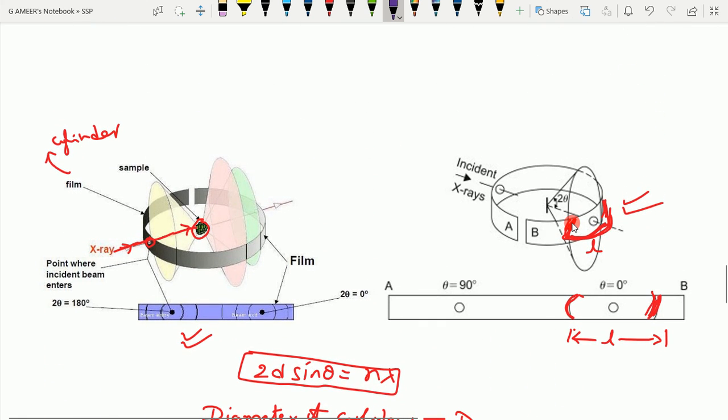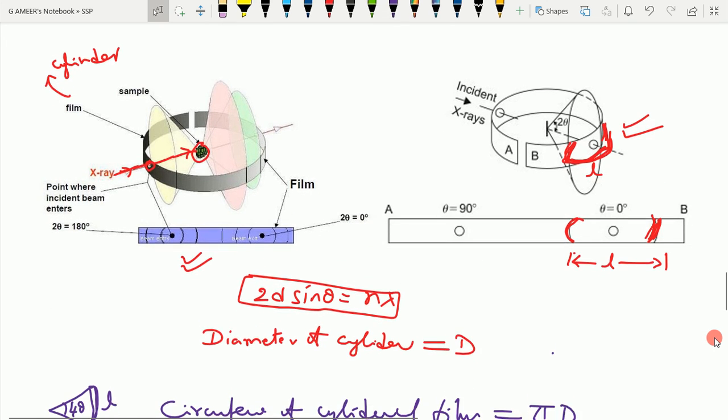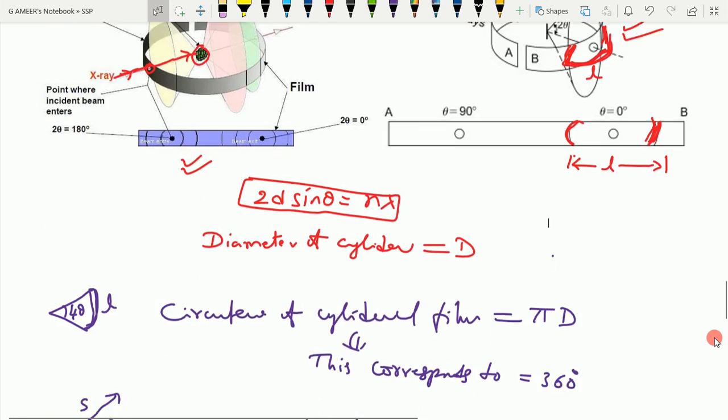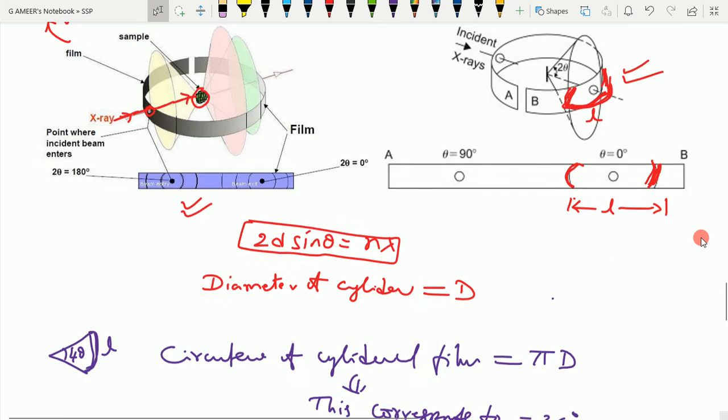So this is the powder method. The powder method and the Laue method are basically almost the same.